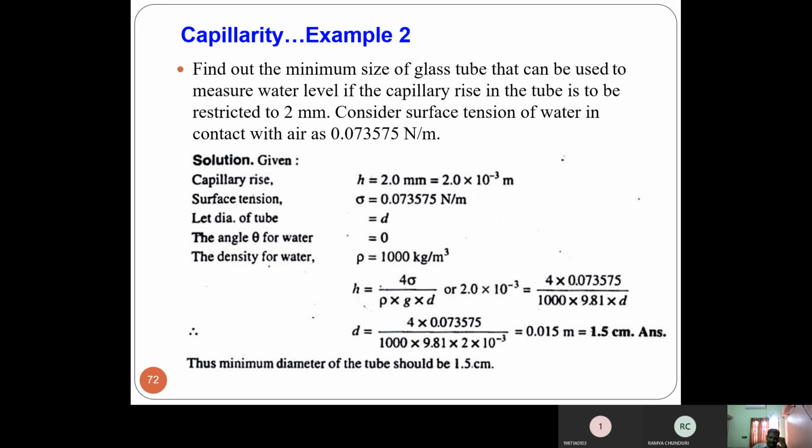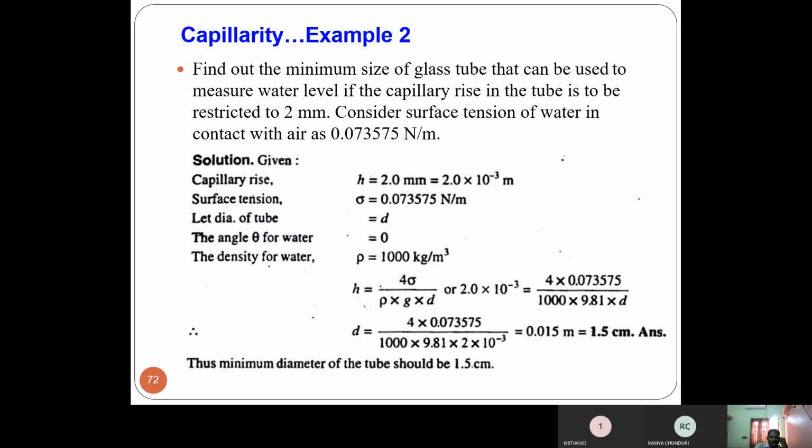The angle theta for water is 0. Density of water is 1000. What is the expression for capillary rise? H is equal to 4 sigma by rho g D. Here the H value is given, it is restricted to 2 mm, understand?